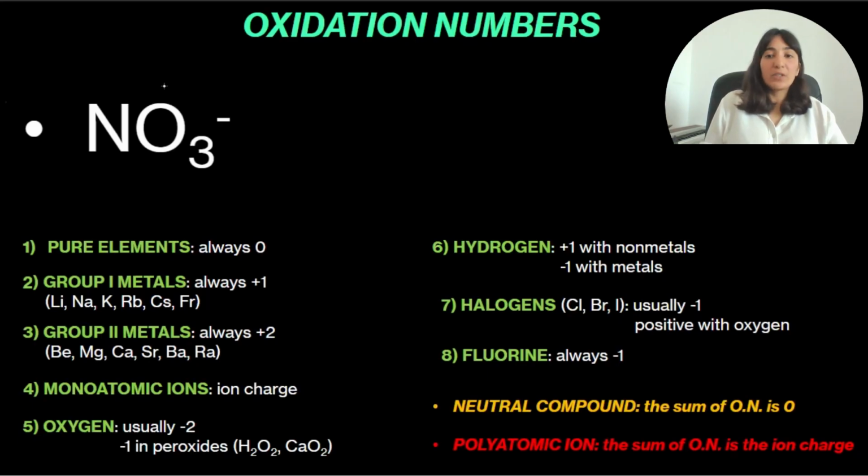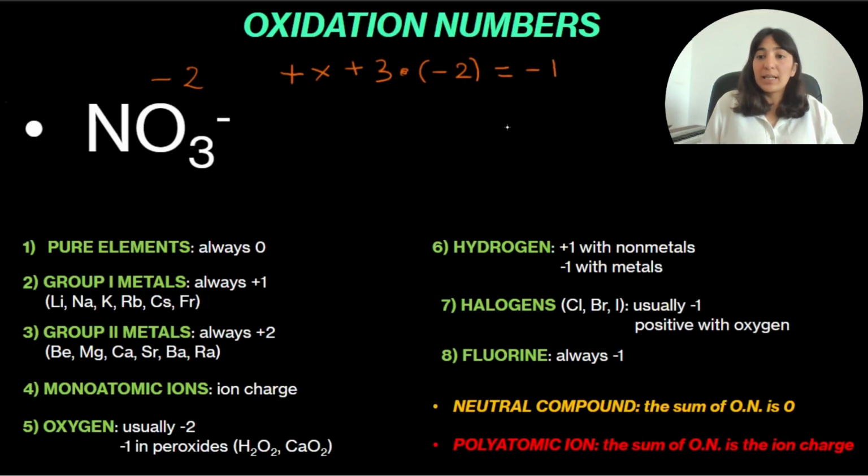We know that the oxidation number of oxygen is -2 because NO3- is not a peroxide, and now we have to find the oxidation number of nitrogen, and we write our equation, plus X, which is the oxidation number of nitrogen, plus 3, as we have 3 oxygen atoms, times -2, which is the oxidation number of oxygen, equals -1, which is the ion charge.